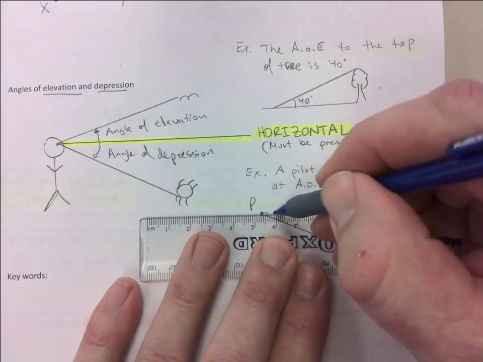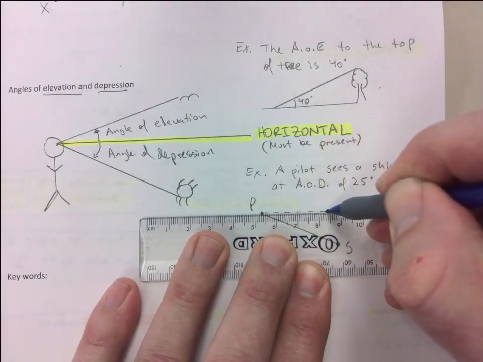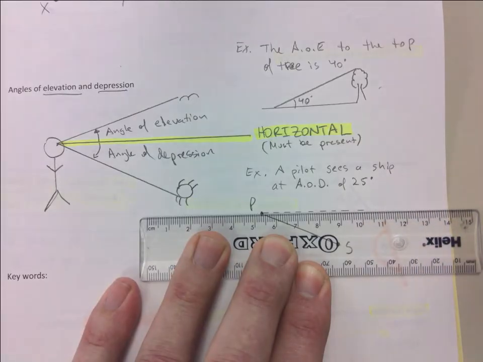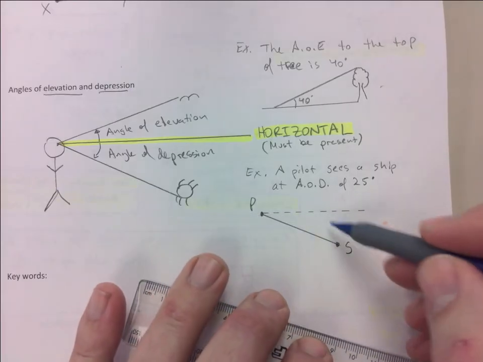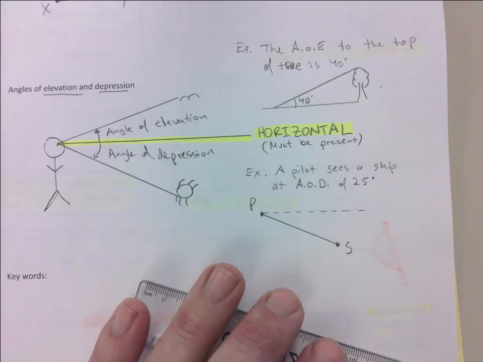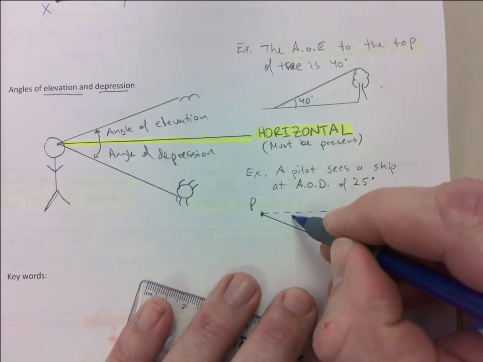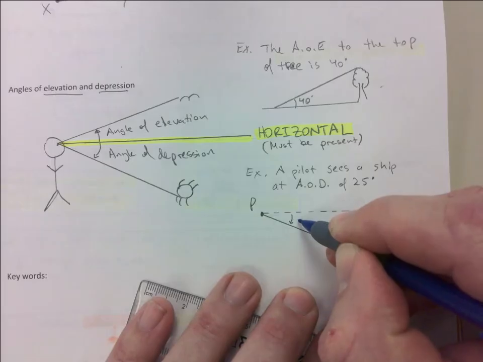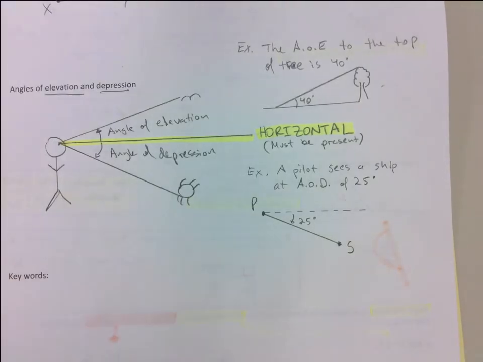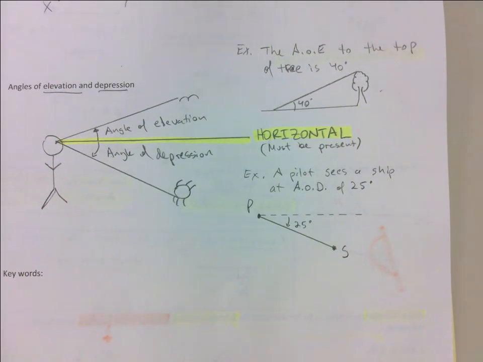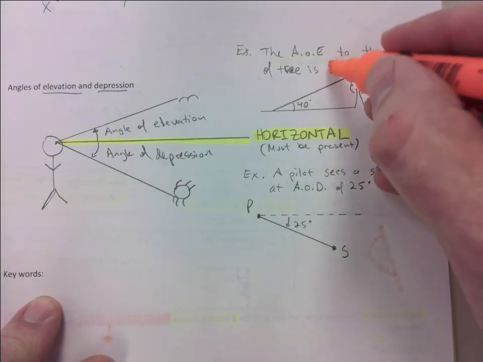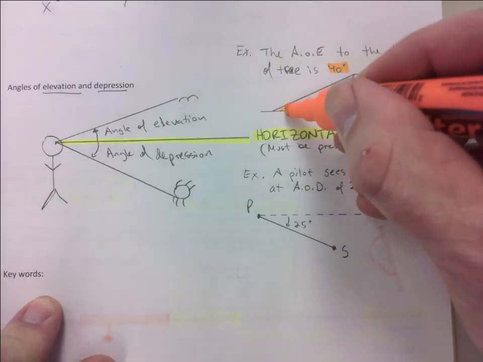So I will make this a dashed line because, you know how on the ground you have a physical ground, it's a solid line. Here it's not really, you can call it the clouds, right? So this is the angle of depression. That's where the 25 degrees goes. Okay? And so I'm going to highlight that the 40 in this case went in between, of course, right?